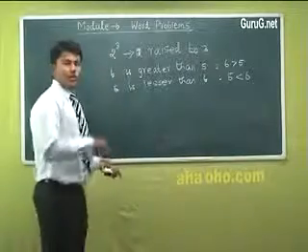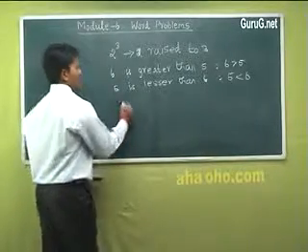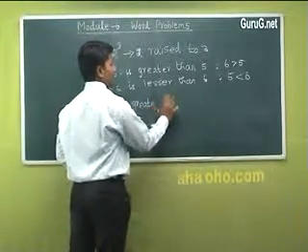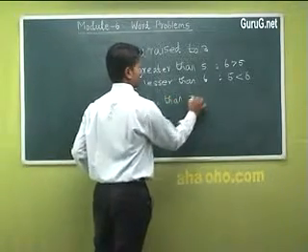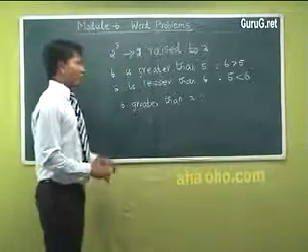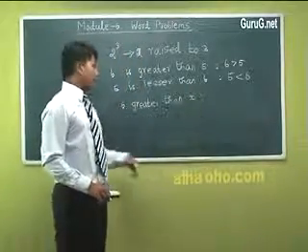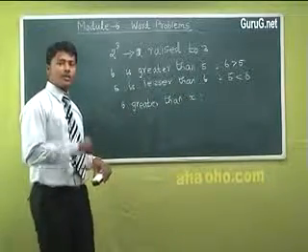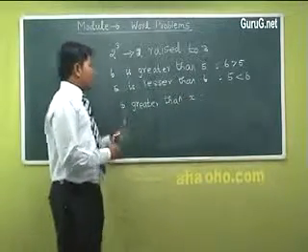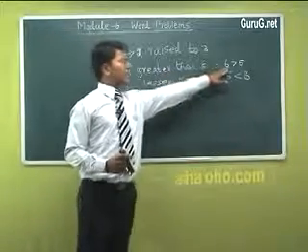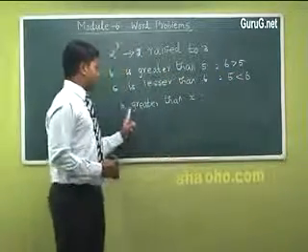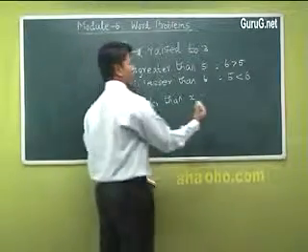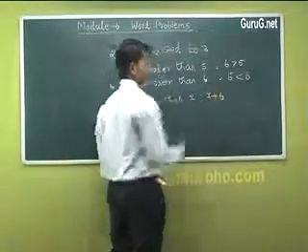Now, in some word problems, you may encounter 6 greater than x. A quantity x is given, and they are telling 6 greater than x. What does this mean? When 6 is greater than 5, we represent it as 6 greater than 5. But when it is given as 6 greater than x, it means that you need to add 6 to x.